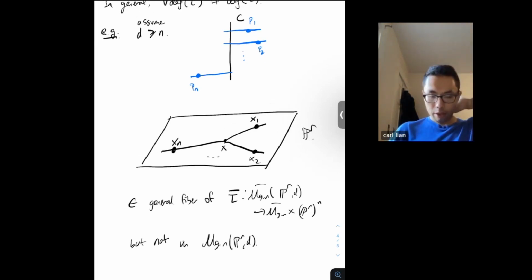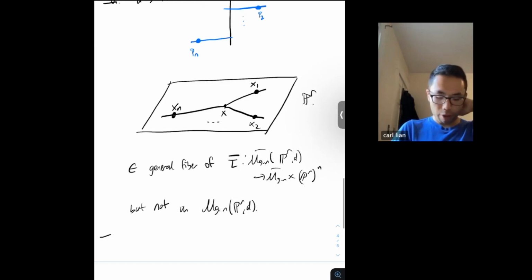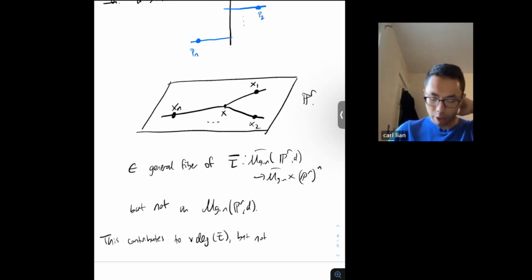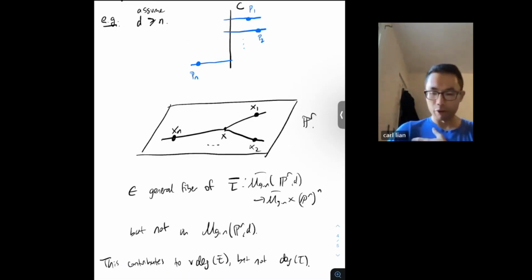Right. So in particular, this contributes to the virtual degree, but not to the degree of tau. So I can compute the virtual degree, and in fact, I'll say what the virtual degree is. But certainly when D is at least n, and actually you can make this inequality a little bit better, you just do not get the answer that I proposed in theorem A.